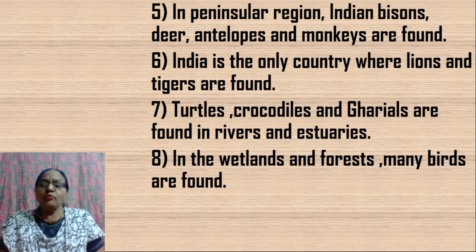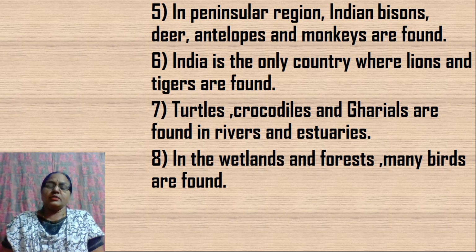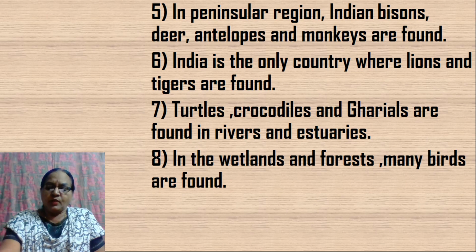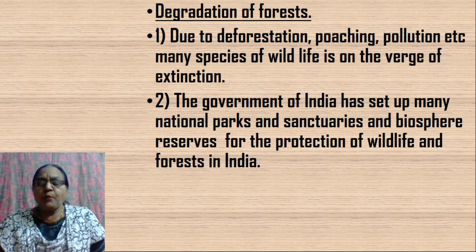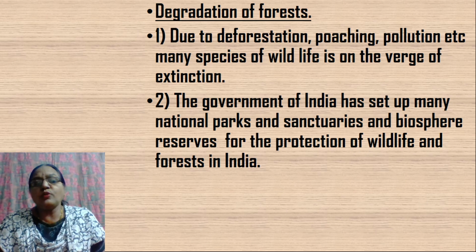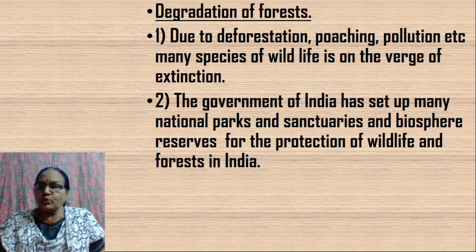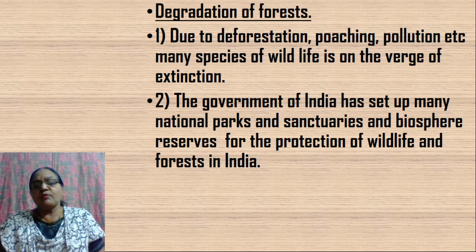But we find that due to poaching, pollution, as well as cutting down of the forests, due to increase in urbanization, many of these species of wildlife are almost on the verge of extinction.